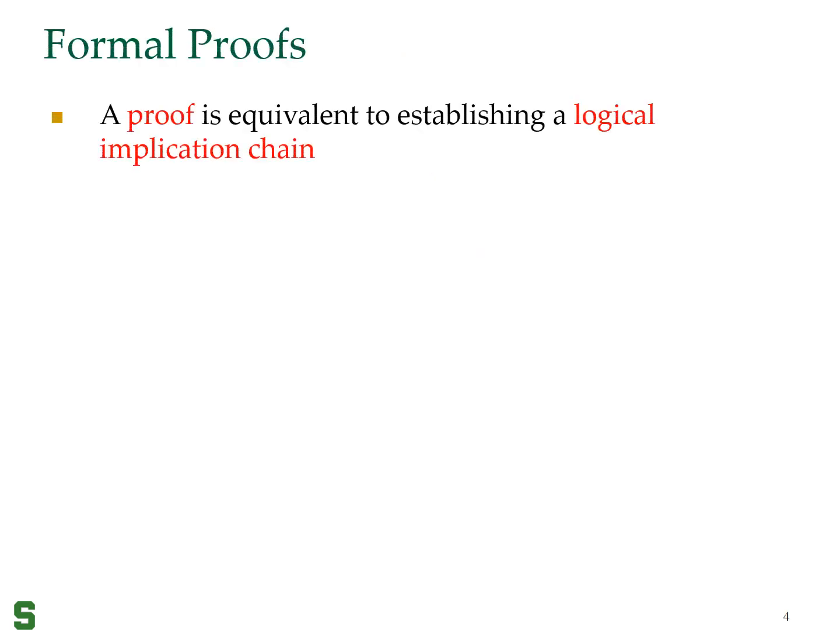Now, when we write a formal proof, where our goal is to show whether P logically implies C, where P is some premise and C is what we'll call the conclusion, a proof is equivalent to establishing a logical implication chain. That means in every step you want to make sure that the next step follows from the previous steps that you have done so far.